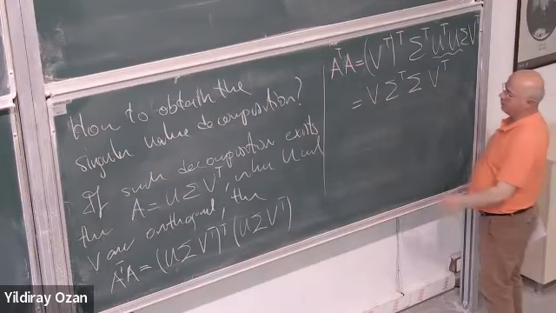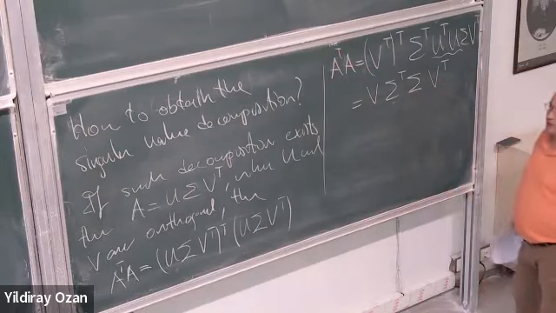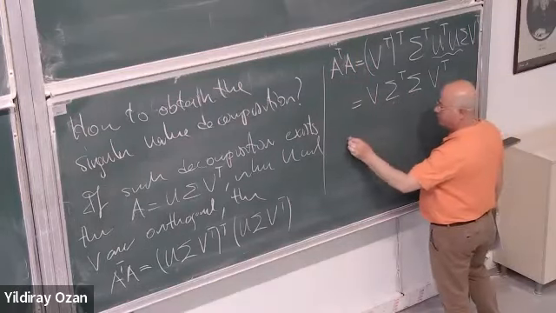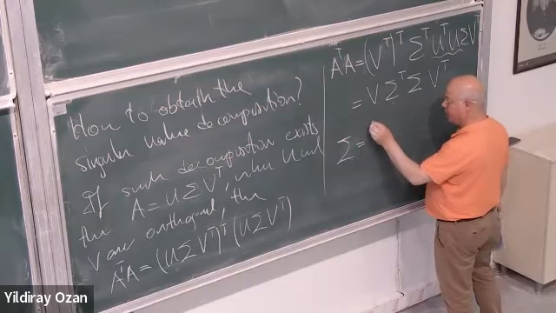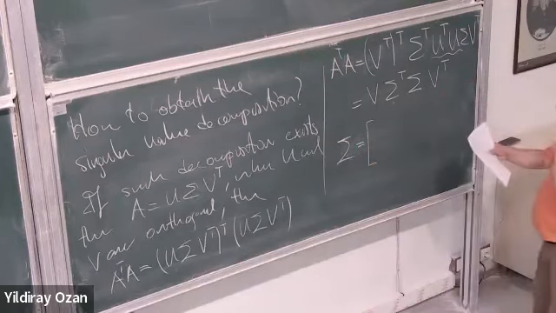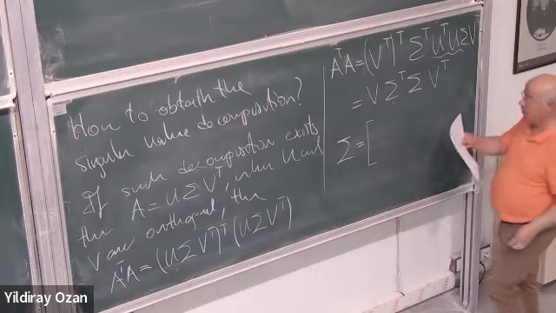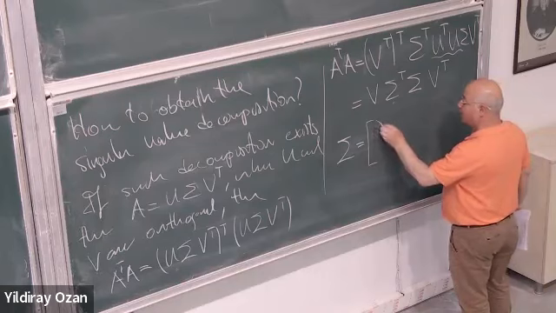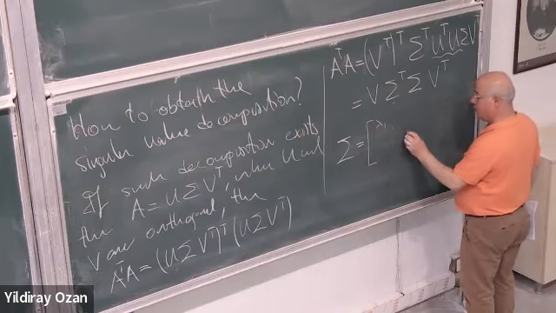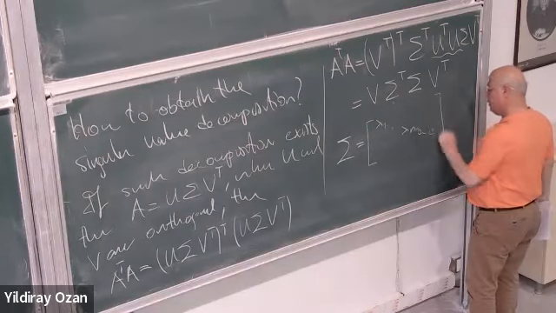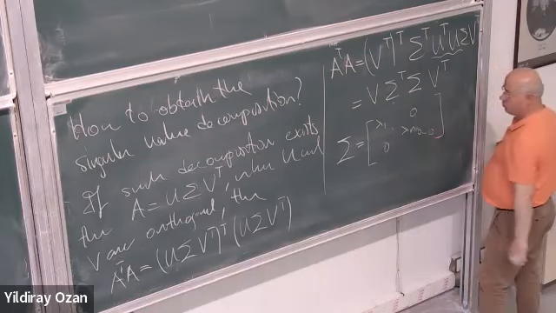So here, this sigma is something like diagonal. Suppose that we have some values: lambda 1, lambda r, and then there are zeros, and all the rest is zeros.